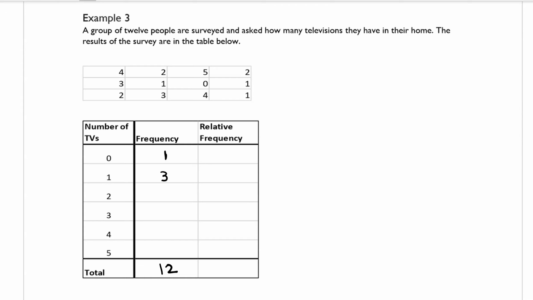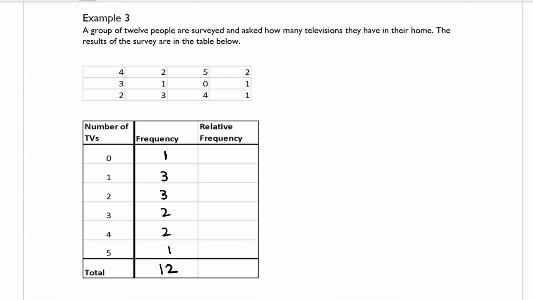The number of people that responded 2 TVs is 3 people. 2, 2, and 1. So let's just really quickly add those up. 4, 7, 9, 11, 12. Yes, so they add up correctly. We have correctly calculated our frequency table.